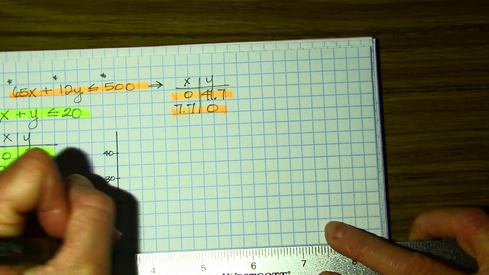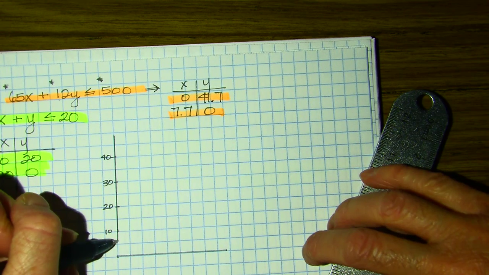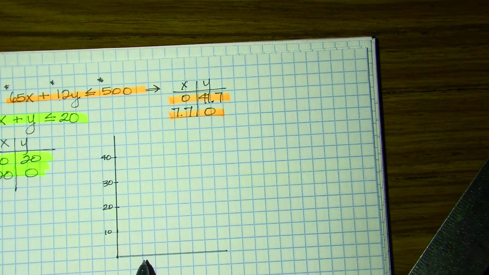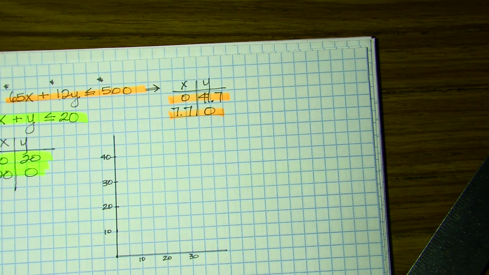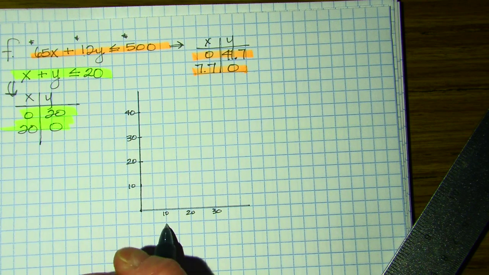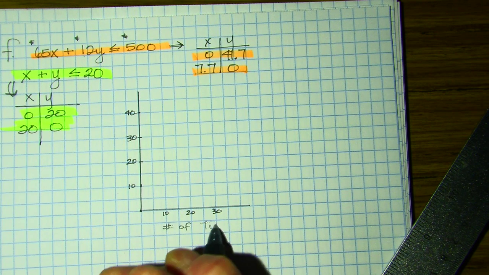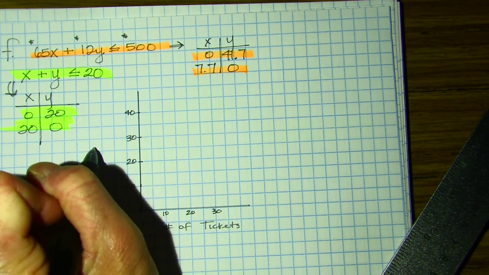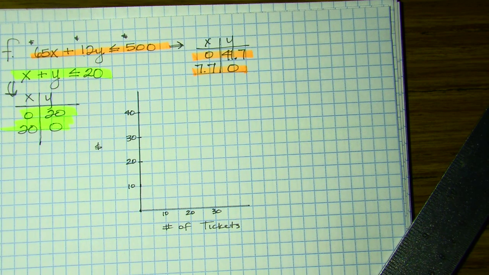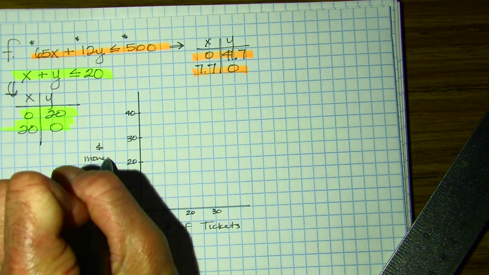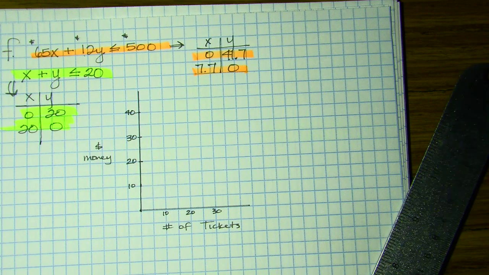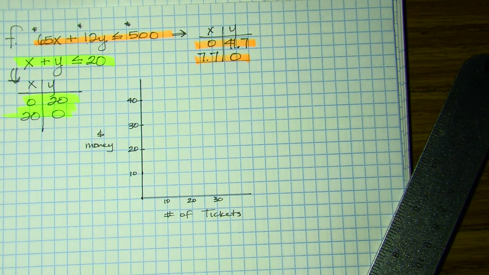That tells me how large my x and y axes should be. And down here, I will also go by the same scale. Okay. So x is number of tickets. Y is money spent. You don't have to label it that way, but whatever.